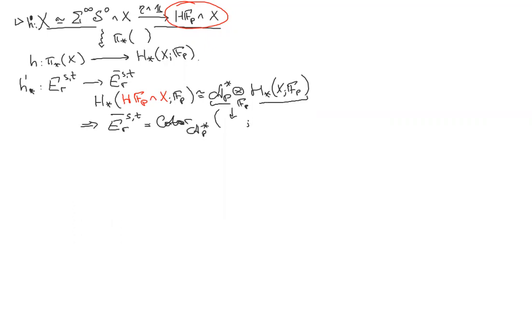I'm sorry, from F_p to the homology is 0 once s is greater than 0.